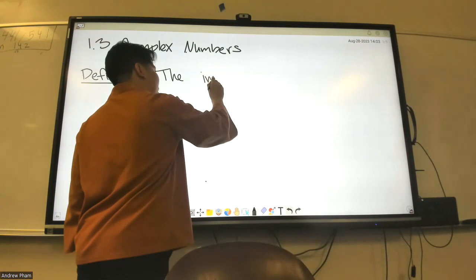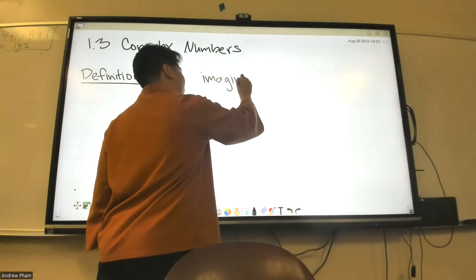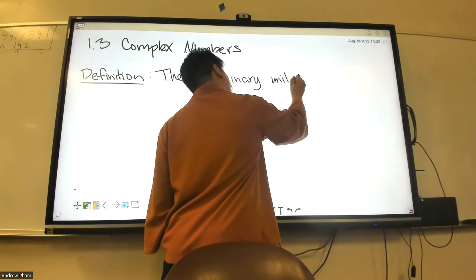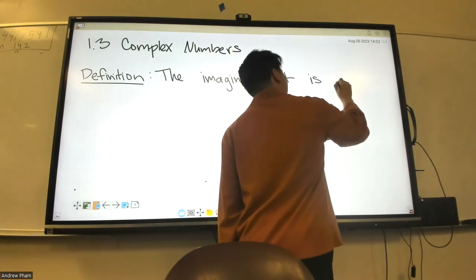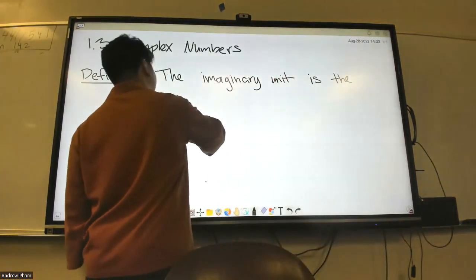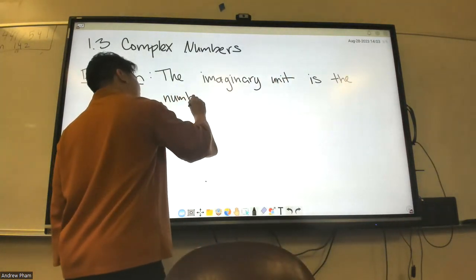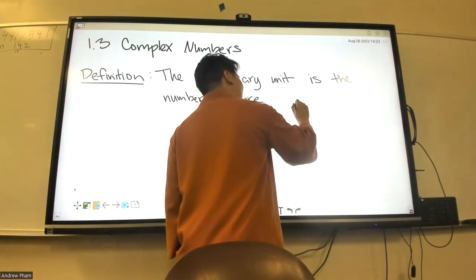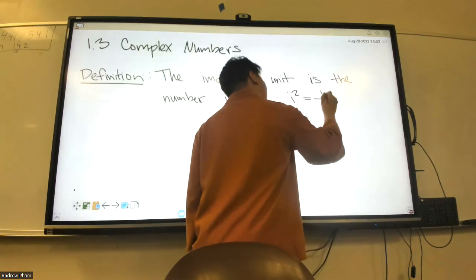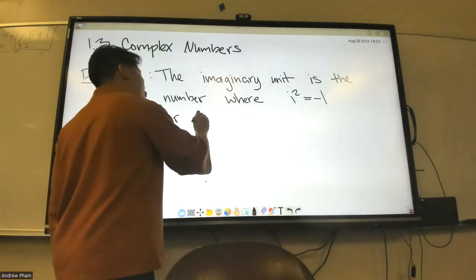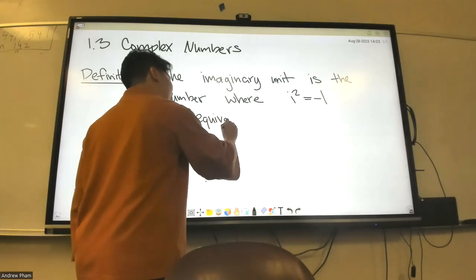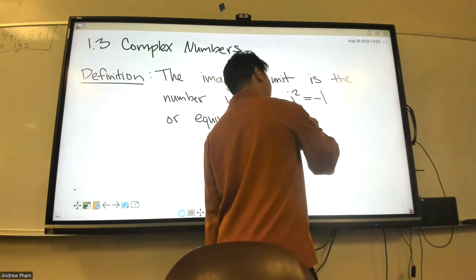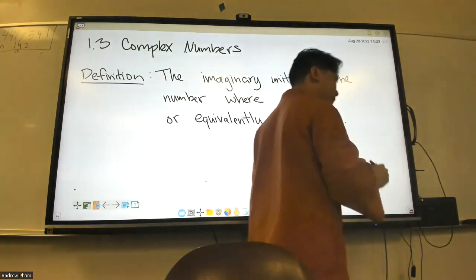The imaginary unit is the number i where i squared is equal to -1, or equivalently, i is equal to the square root of -1.